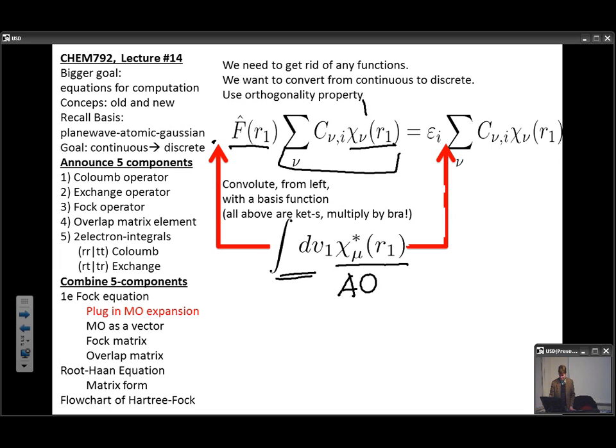So this wave function can be considered as ket, and this one can be considered as bra. So we plug in bra here, bra there. And as a result of convolution, we will get rid of those functions completely.